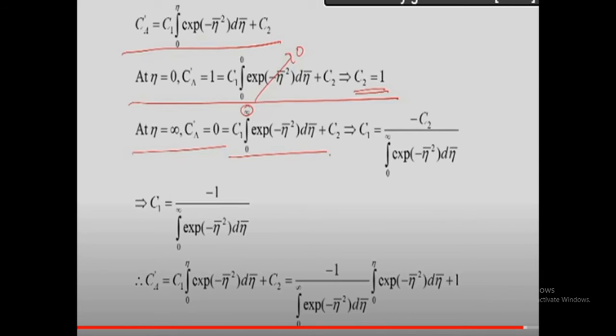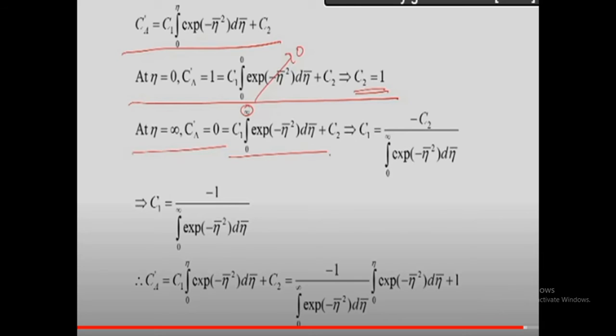From that c1 is equal to minus c2 by integration of 0 to infinity exponential of minus eta squared into d eta. Are you clear? Okay. So from that c1 is equal to, we have the c2 value, right? So substitute here: minus 1 by integration of 0 to infinity exponential of minus eta squared into d eta. So finally we have the c1 and c2 values.